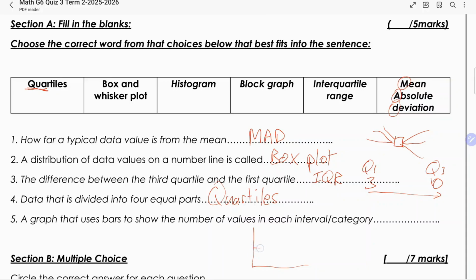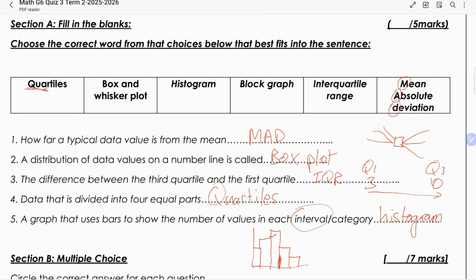It looks more like Tetris. Anyway, it's going to be bars that are all together. So I'm just drawing an example, a histogram. They're all going to be together, and we'll explain that more in our last question. So the answer for this is histogram. And the key to that is intervals, and we're going to find out what an interval is later on.